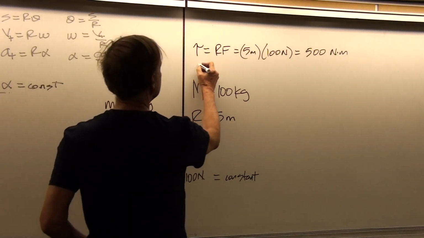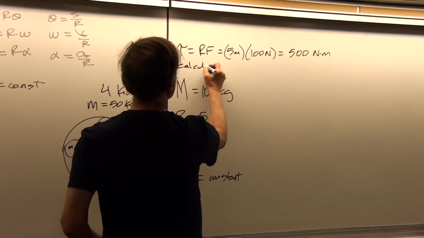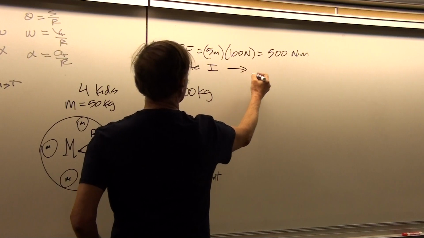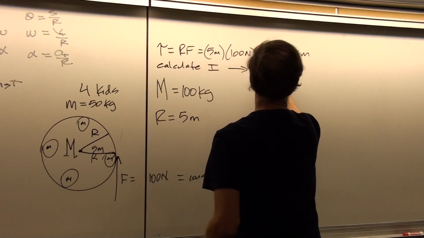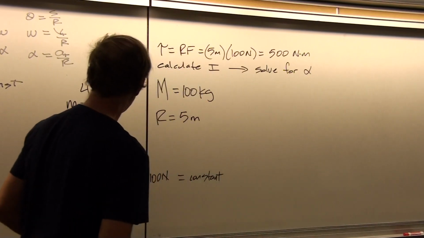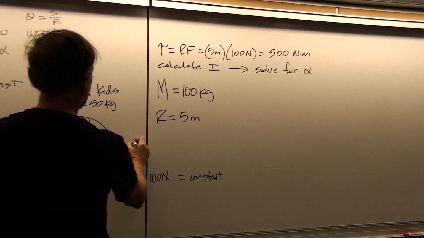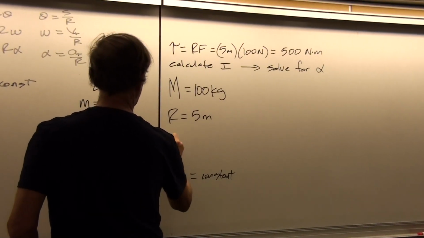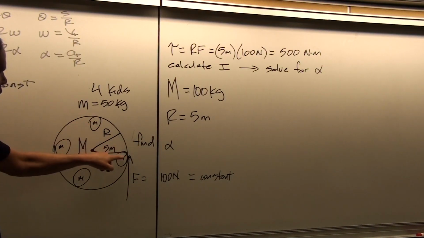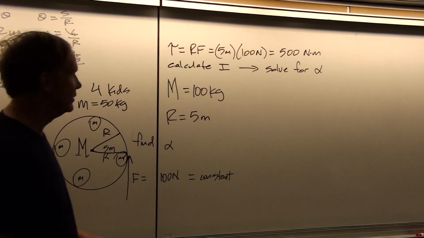Now we'll need to calculate I, and then solve for alpha. So let's say that's our goal here. Let's find alpha for this system. Now this system is 4 point masses and a cylinder.